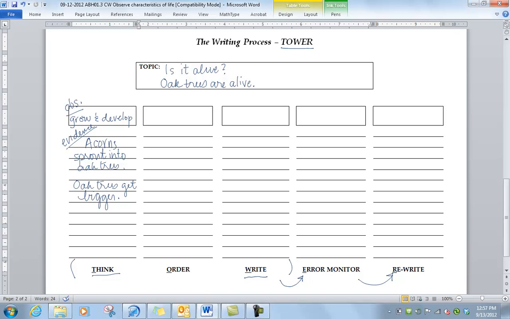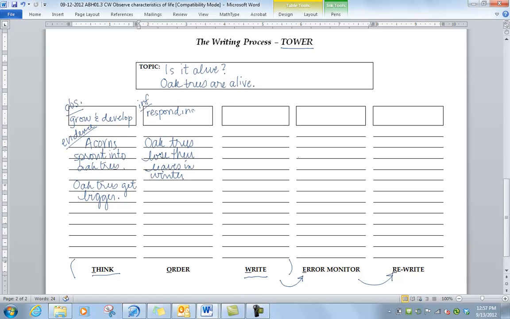So the next thing, I've noticed that oak trees lose their leaves in the wintertime. Oak trees lose their leaves. And so I'm going to infer that the reason they do that is because they are responding to the change in temperature.